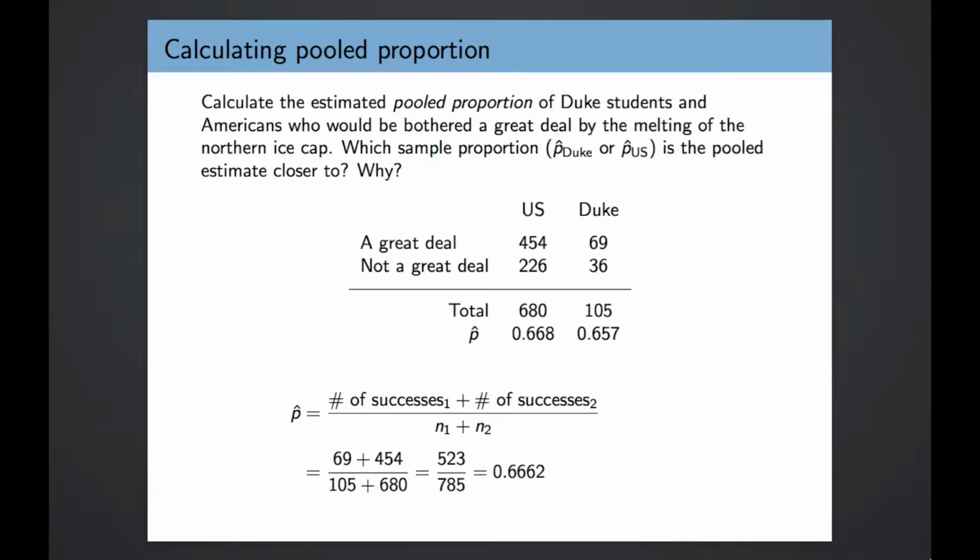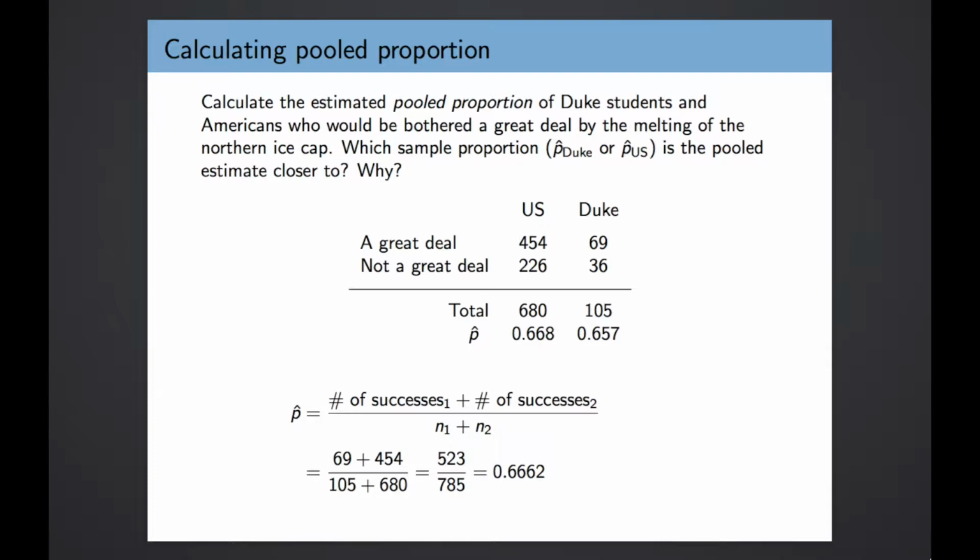So let's calculate this null value for the example that we've been talking about. This is the estimated pooled proportion in both the Duke sample and the US sample who will be bothered a great deal by the melting of the northern ice cap. So we're going to take the number of successes in the US sample plus the number of successes in the Duke sample, divided by the size of the US sample plus the size of the Duke sample.